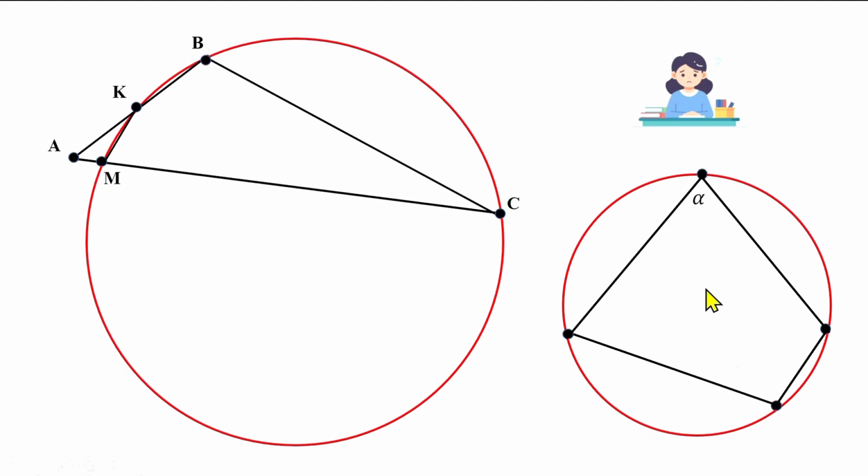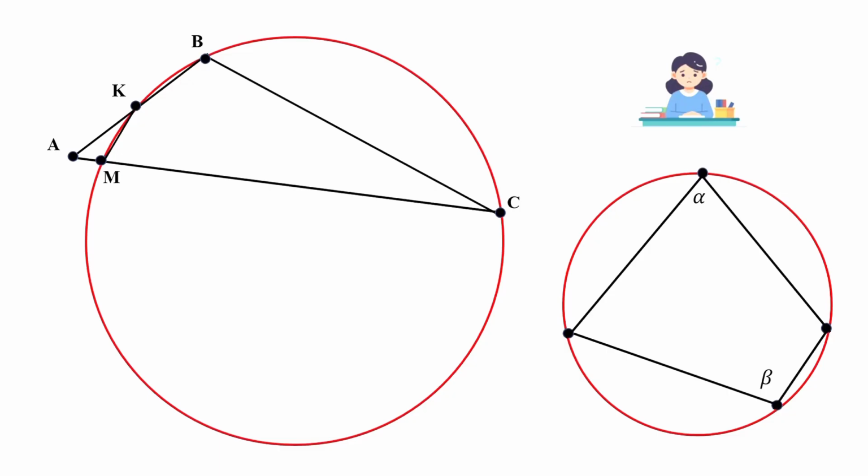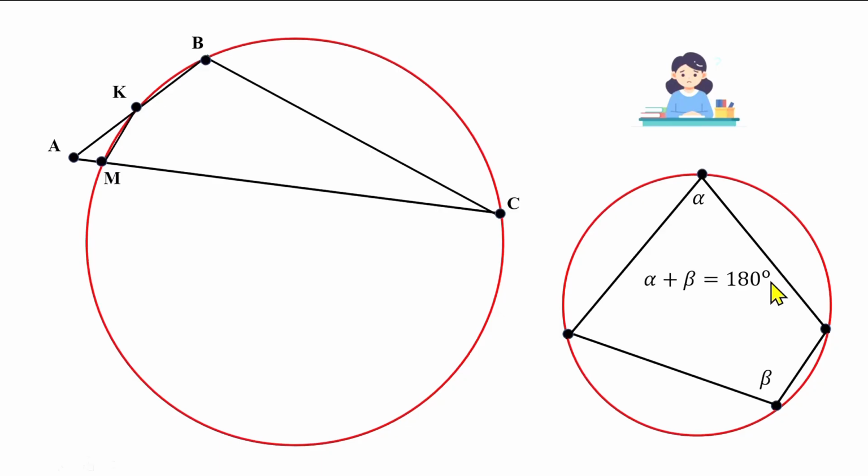We denote this angle alpha, this beta, and we can say that alpha plus beta equals 180 degrees. The same we can say about these two angles, gamma and delta. Gamma plus delta equals 180 degrees.